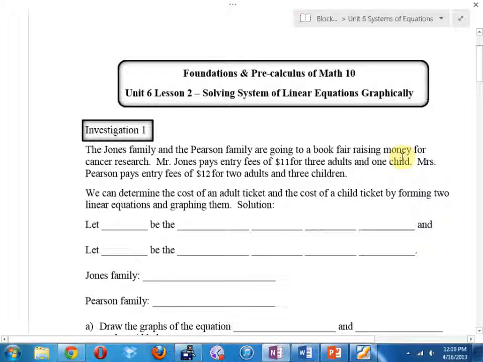There are 2 types of tickets. What are the 2 types of tickets? Read the question. Adult and child. You know what? We're going to let X be the price for an adult.